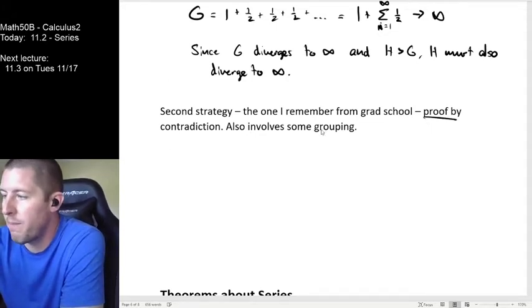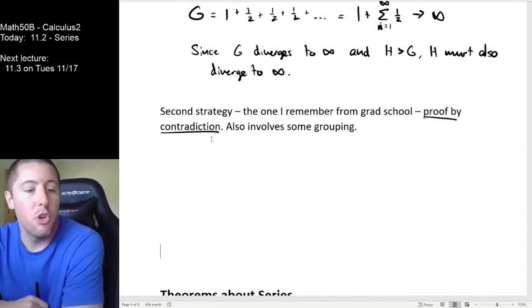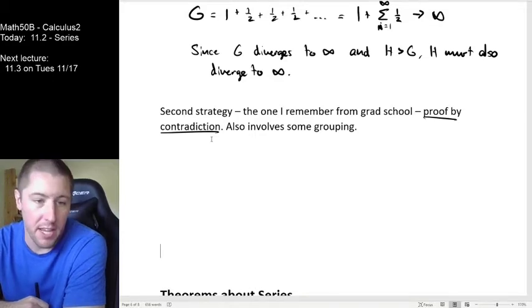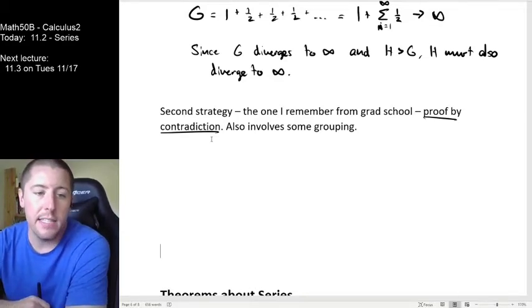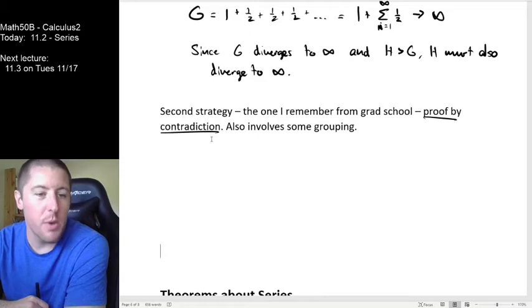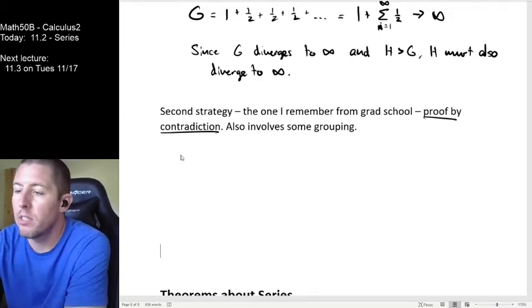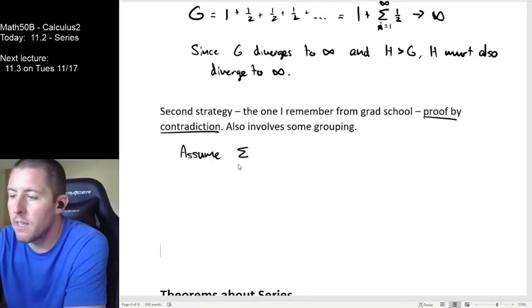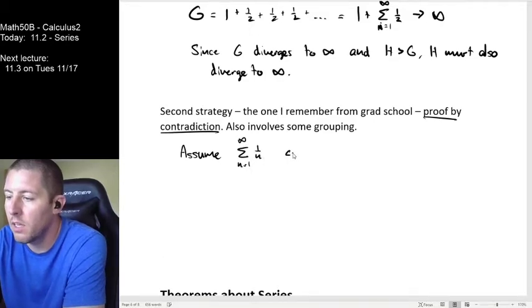Proof by contradiction says assume something that we don't think is true, use it and let it take us to a crazy place so that we can conclude that the original assumption must have been false. So I'm going to assume that the sum from n equals 1 to infinity of 1 over n converges to a value h.